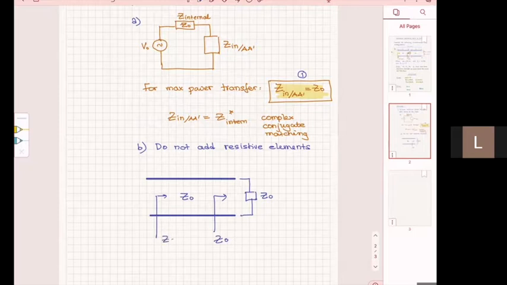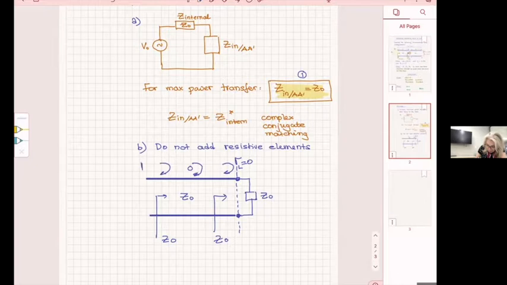Yes. Okay. So if I make the load of this line Z naught, the reflection coefficient here is going to be 0, right? So the reflection coefficient there is going to be 0. Then it's 0 everywhere else. So it's 0 here, it's 0 here, okay?